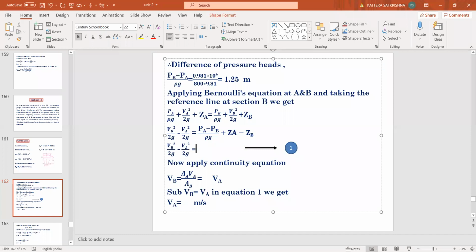Minus 1.25 plus, what is the value of ZA? From the diagram you can see. Yes, anybody? What is the value of ZA?